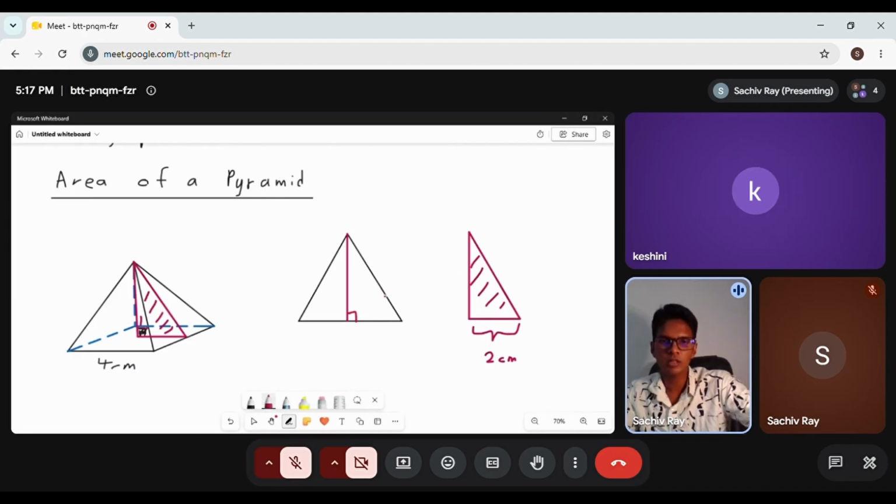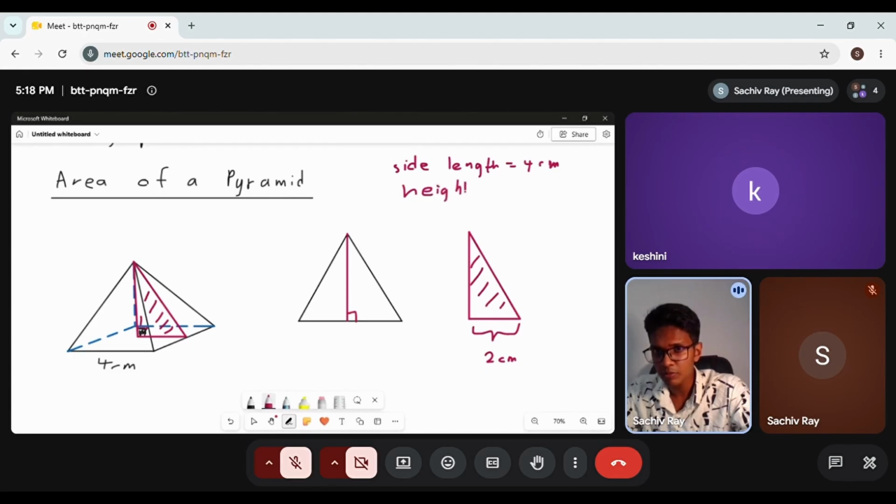If I tell the question, the side length of the pyramid is 4 centimeters, and the height of the pyramid is, let's say, 6 centimeters.